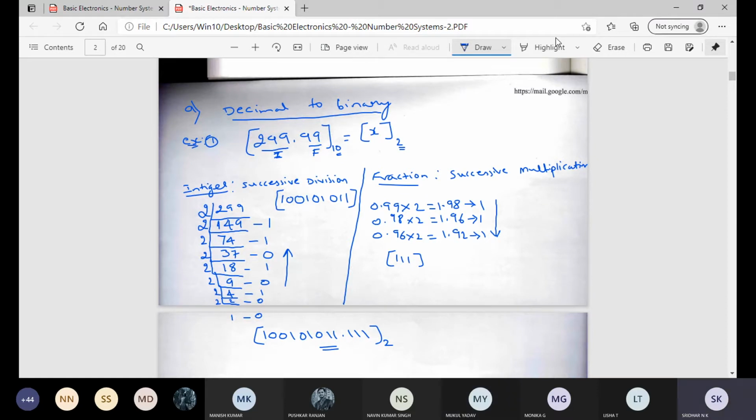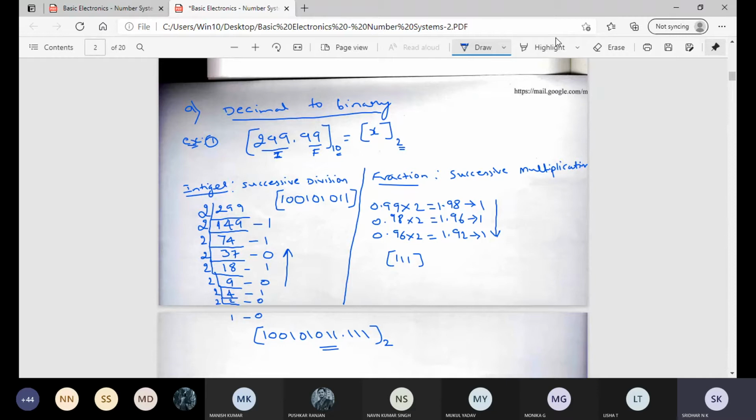Right. So please understand the procedure. The procedure will be the same. What is the procedure? The given number will have two parts, integer part and fraction part. For the integer part, we are doing successive division, by the required base number. What is the required base number in this case?